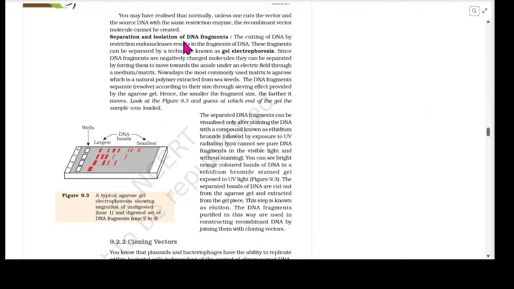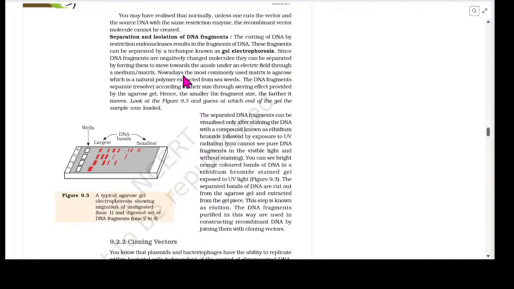Separation and isolation of DNA fragments. The cutting of DNA by restriction endonucleases results in the fragments of DNA. These fragments can be separated by a technique called gel electrophoresis. Since DNA fragments are negatively charged molecules, they can be separated by forcing them to move towards the anode under an electric field through a medium or matrix.